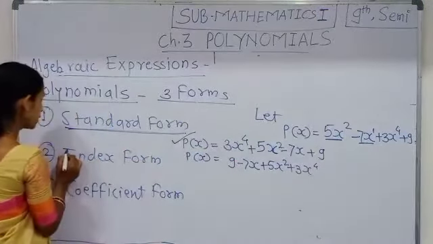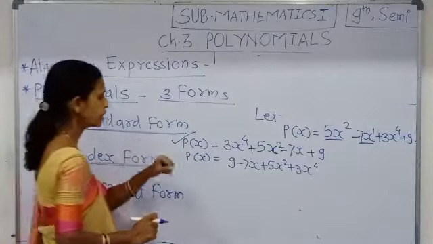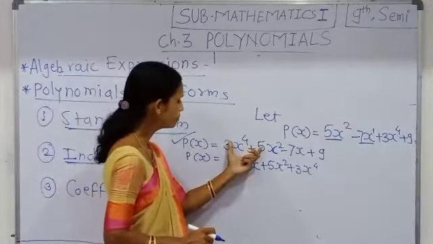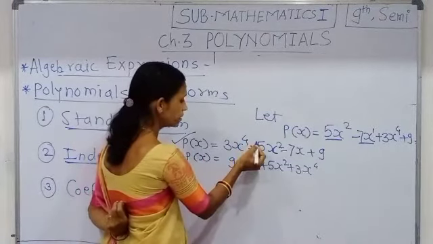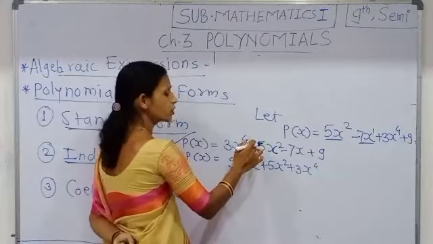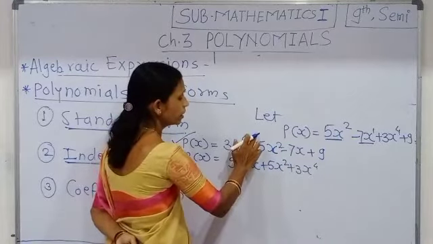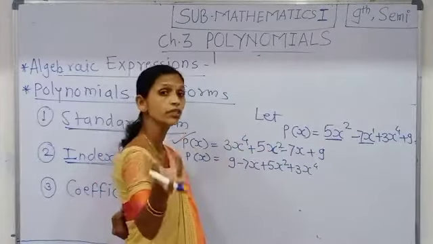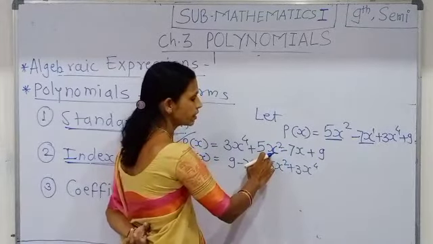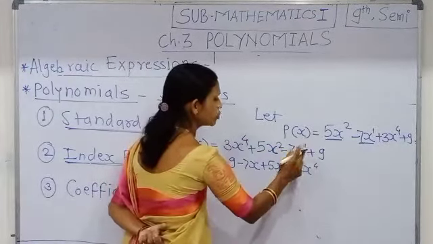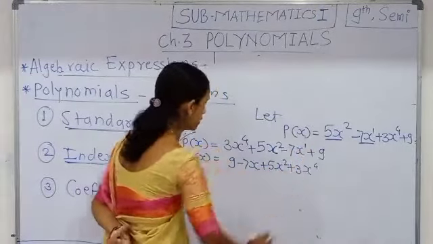Then the same polynomial we can write in its index form. Index form is the standard form in which the degree of the x variable is made explicit. See here, 4 is there, 3 is absent, that means the cubic term is absent, 2 is there, that means the quadratic term is there, minus 7x raised to 1 is the linear term, and the constant term is also there.